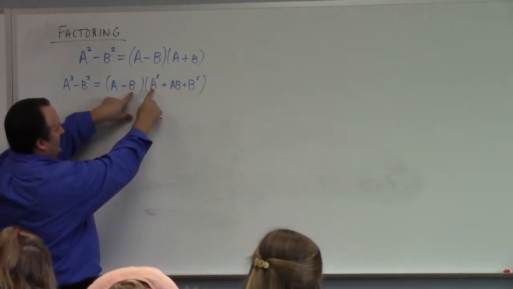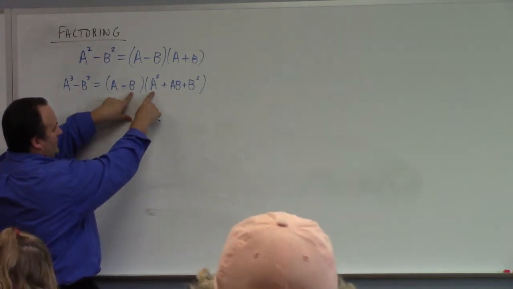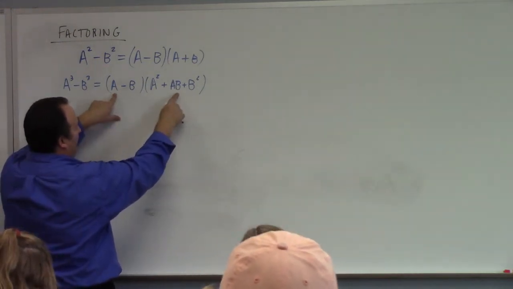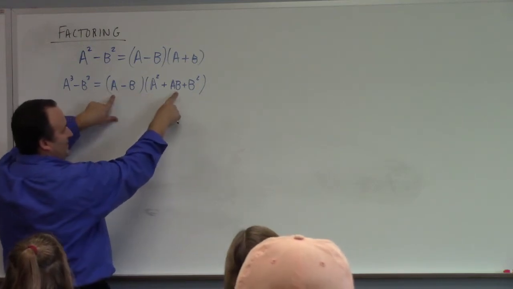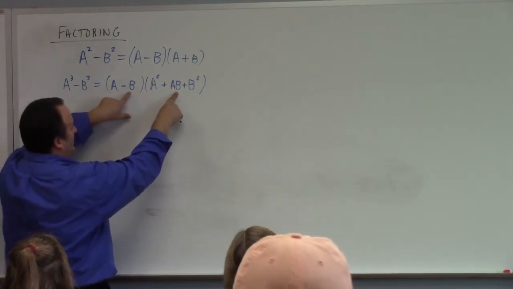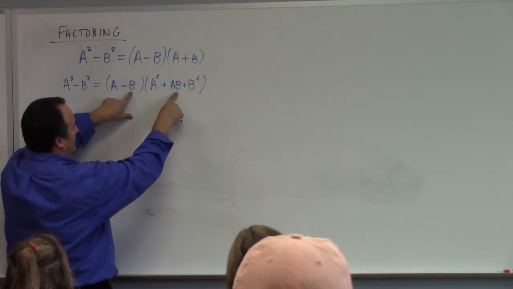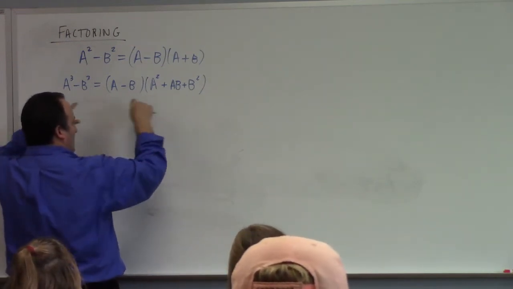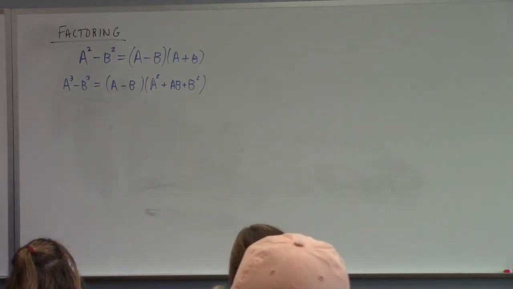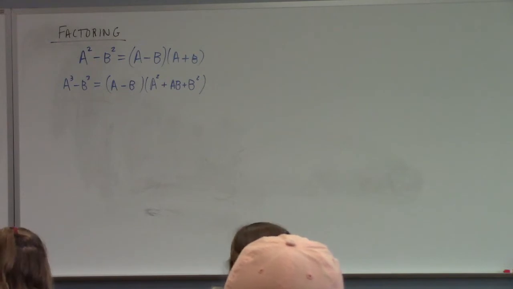In the middle, I get minus b times a squared, and I get plus a squared b, which is b a squared. So this times that, and this times that cancel. That's good. I also have a minus ab squared here, and I have a plus ab squared here. So if you multiply this all out, everything cancels out except for the a cubed minus b cubed. So this is the difference of cubes formula.